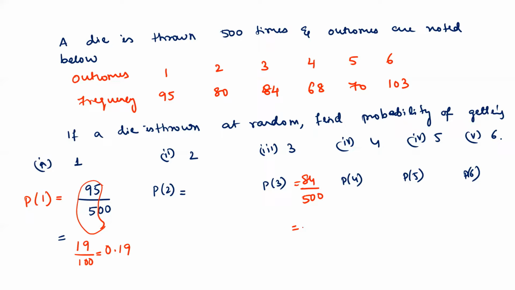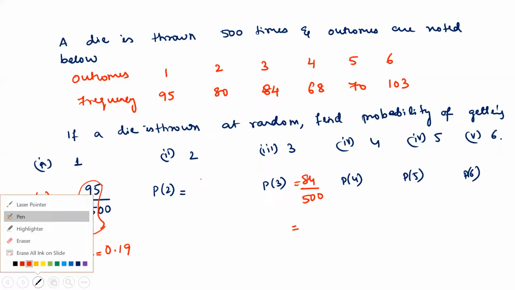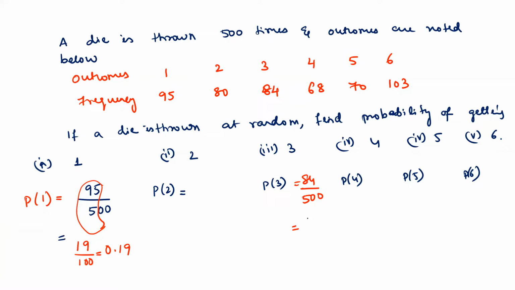Why 4? We have 500 in the denominator, right? You have to divide by 5 only. You will have a terminating number. If you divide by 5, 5 ones are 5, 5 sixes are 30, 5 eights are 40.